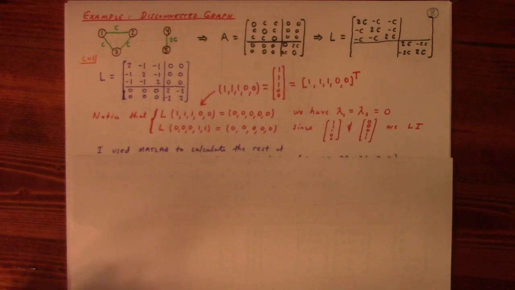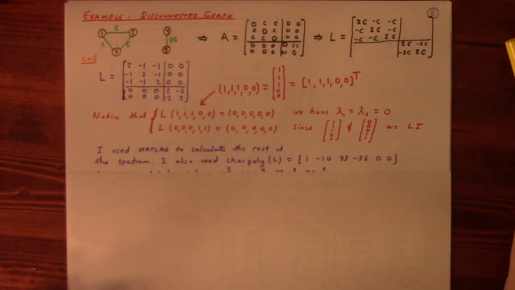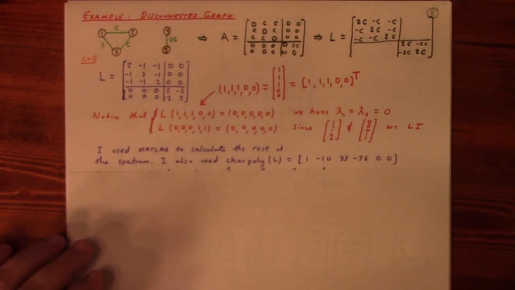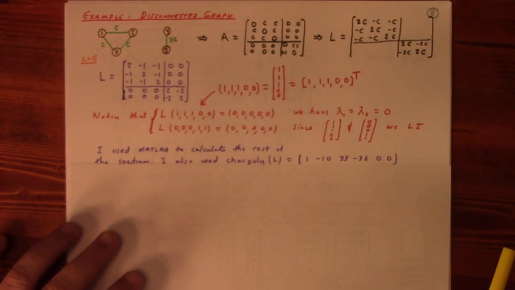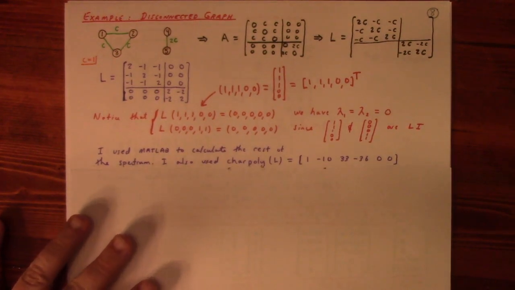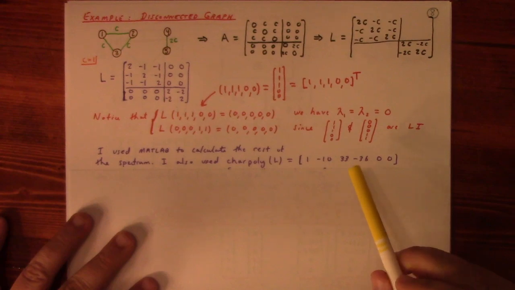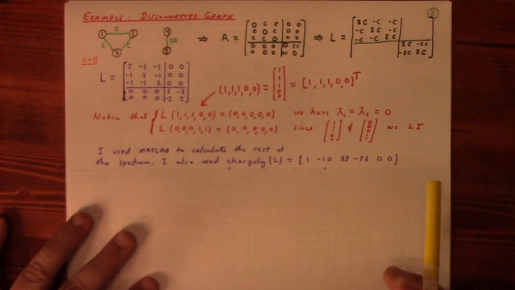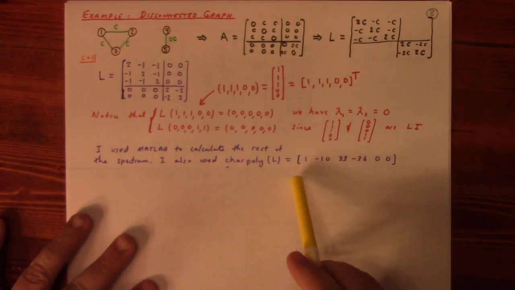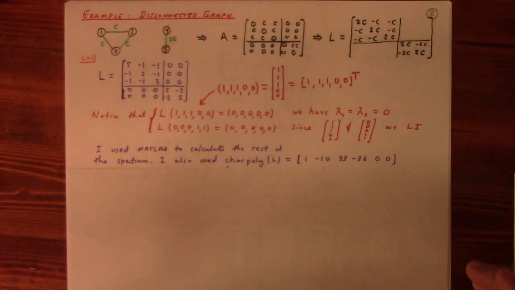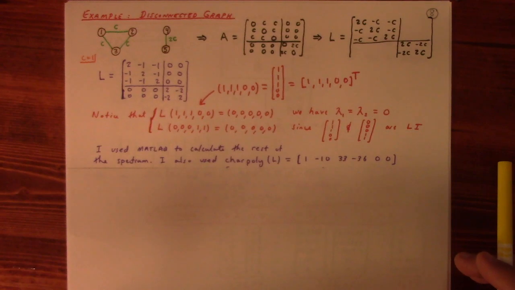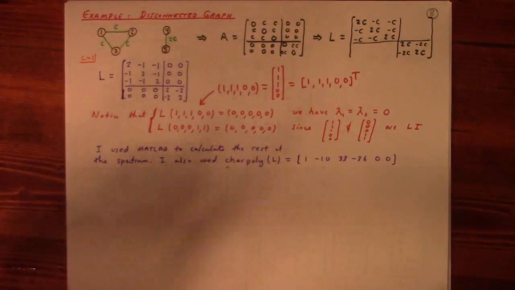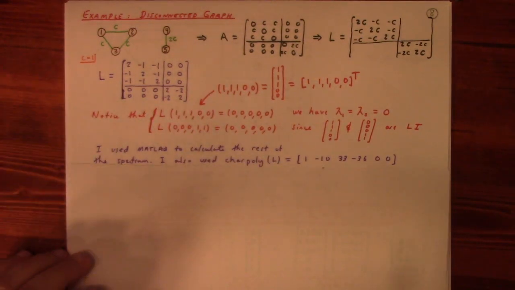Now, I used MATLAB to calculate the rest of the spectrum, and I went ahead and looked up this thing called the characteristic polynomial, and if you do charpoly of L, it gives you back 1, minus 10, 33, minus 36, 0, 0. I'm just doing this to illustrate some of the underlying mathematics. Of course, if you're just after the spectrum, you don't need to do that. You can just go straight to the eig command, right?